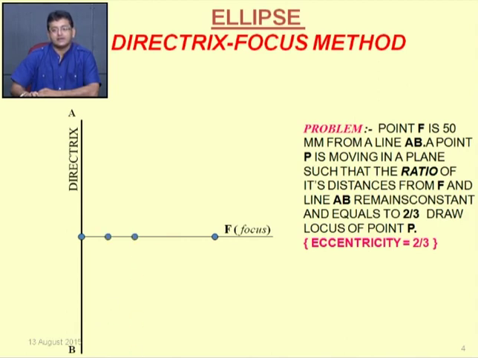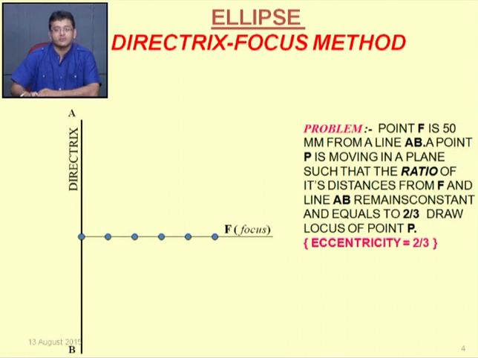Now divide this distance of 50 mm into 5 equal parts and locate point V such that its ratio of distance from the focus to the directrix is 2/3.